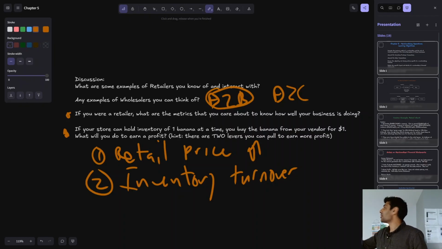But the other model, you sell it for $1.50, there's going to be way more people that are going to buy it, right? Even though you're only making 50 cents per sale, if you can sell 10 times as many bananas, you're going to make more profit, right? So these are the two levers that these businesses can pull to make a profit. And you'll see different retailers have some combination of these two.